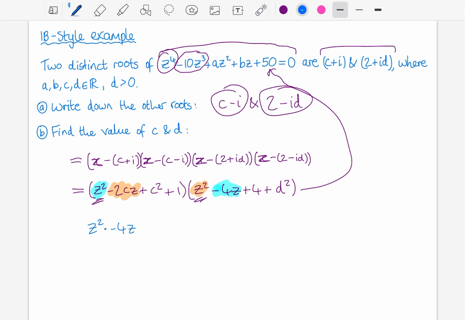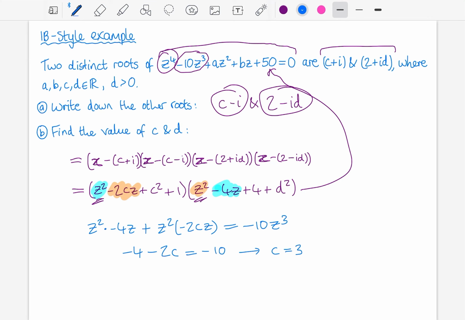We have this plus this, and this apparently needs to equal minus 10z cubed. We can simplify this to just minus 4 plus minus 2c, and all we need to do is solve, and we'll get c equals 3.